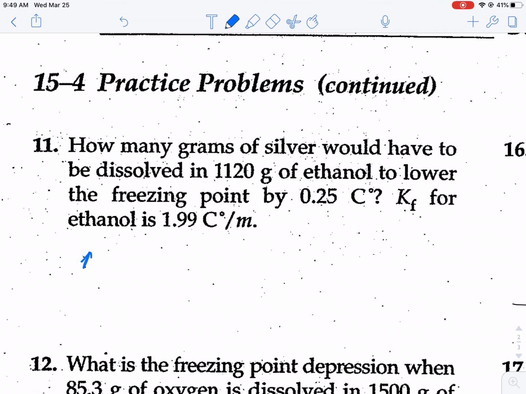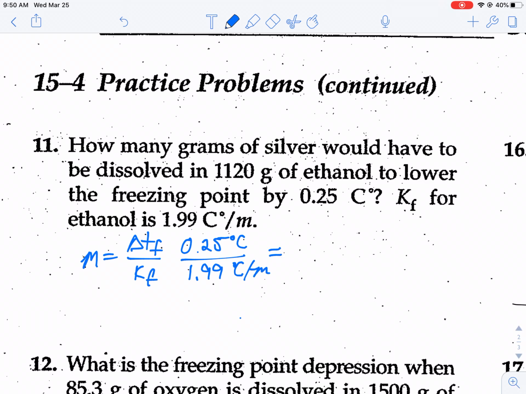So molality is my delta TF divided by KF. Just like yesterday when delta TB was divided by KB, delta TF divided by KF is going to give us molality. I know that my delta TF is 0.25 degrees Celsius, and I know that my KF is being given to me, and that's 1.99 degrees Celsius per molality.